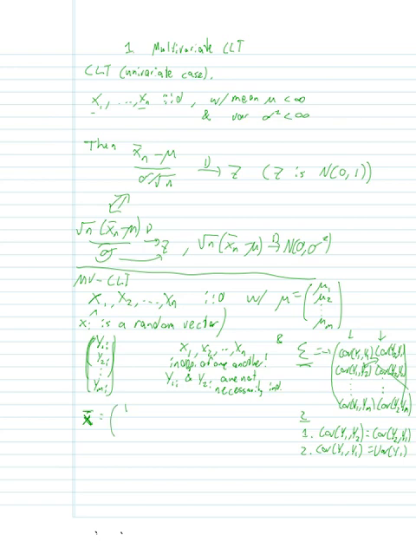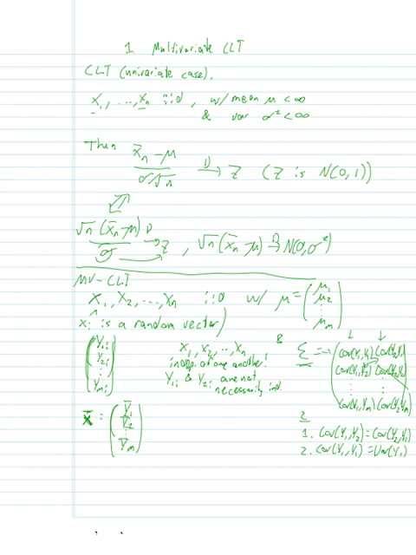Okay, so for the multivariate CLT, we have these components, right? Now, the last thing we need to talk about before I can give you the multivariate CLT is that we're going to have a vector x bar.